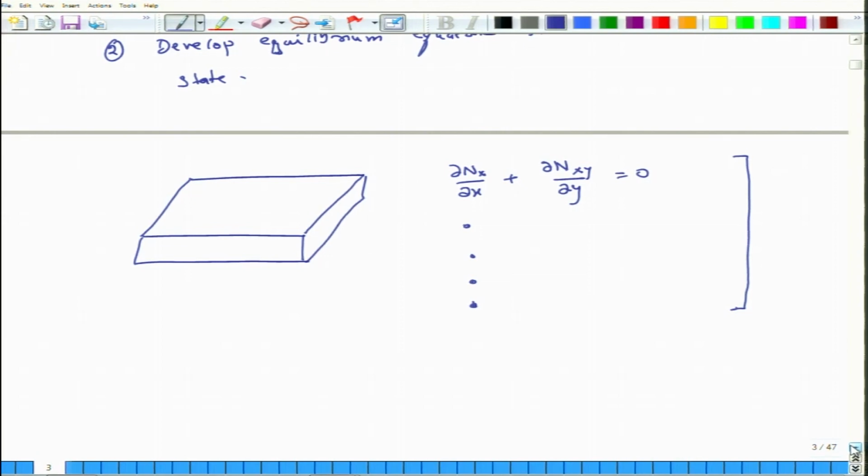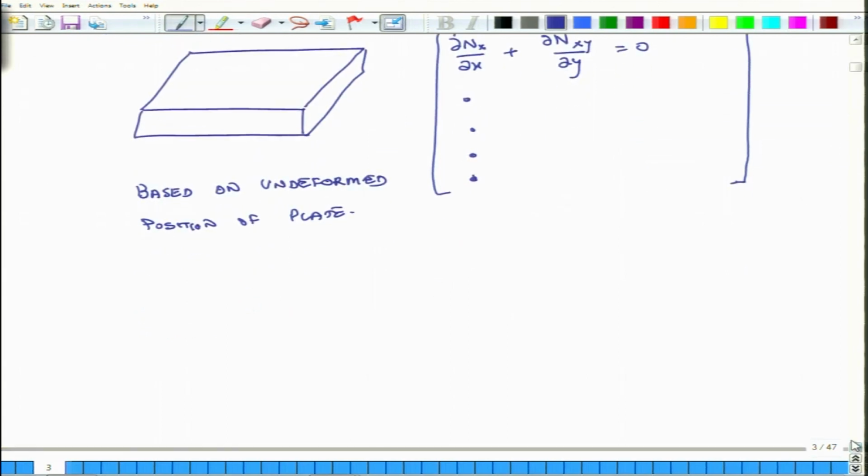So, all these equations were developed based on the undeformed position of the plate. Okay. We assume that the plate is undeformed, and then we develop the equilibrium equations.